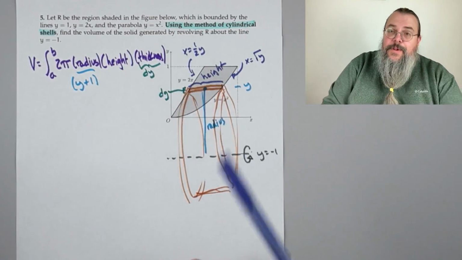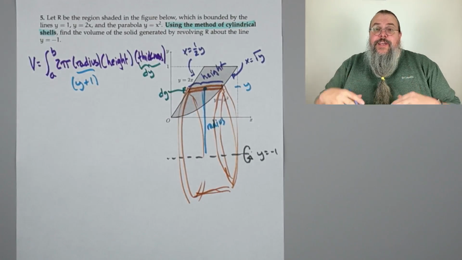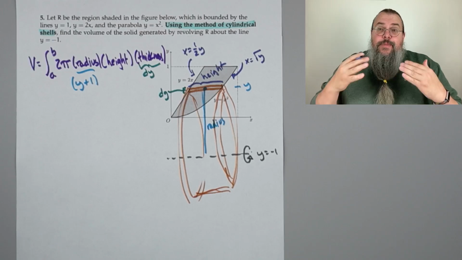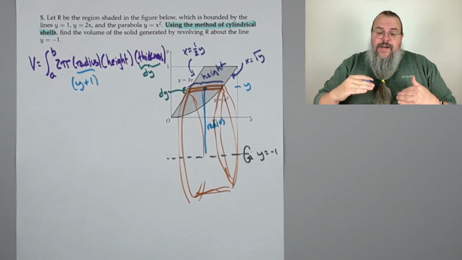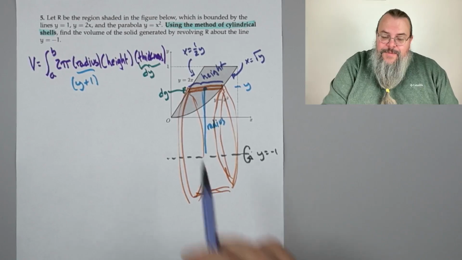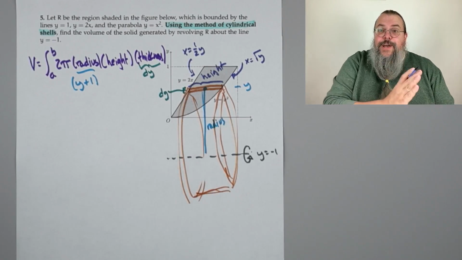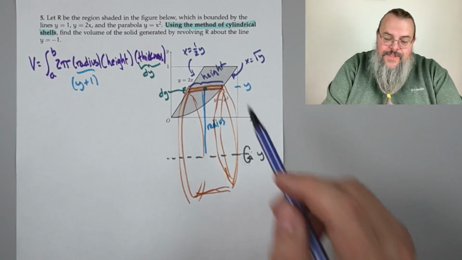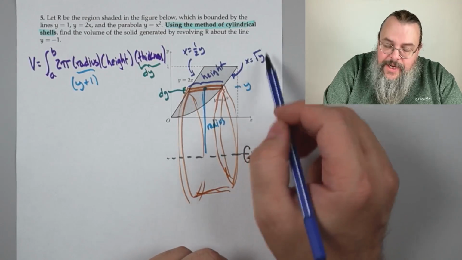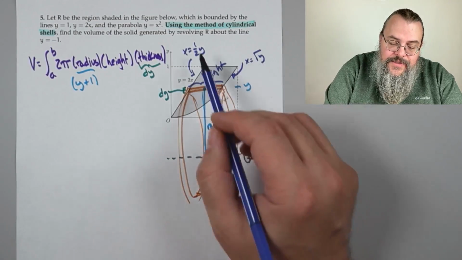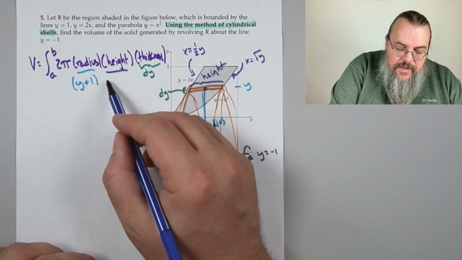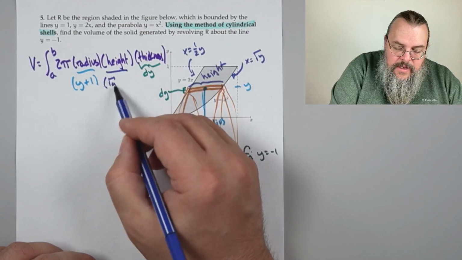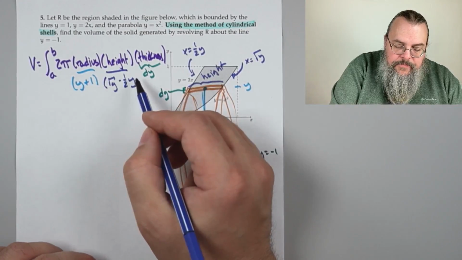When we're looking for height, we take high value minus low value. So it's either top minus bottom, or, because we're horizontal, right minus left. So we take square root of y, high value, subtract 1/2 y, low value. So this part is square root of y minus 1/2 y.